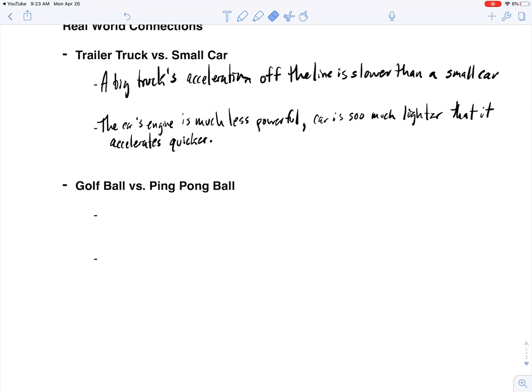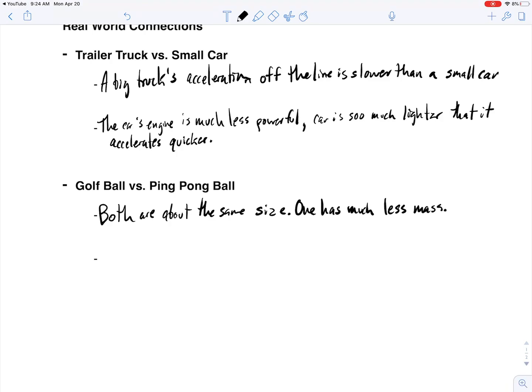This one I always use in class, because you've all maybe played with a little ping pong ball in your lives. If we look at a golf ball and a ping pong ball, let's say both are about the same size. That's volume, right? They both take up about the same amount of space. But one has much less mass.